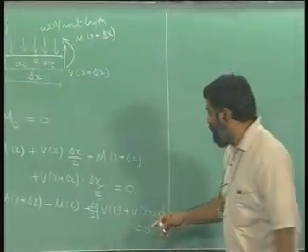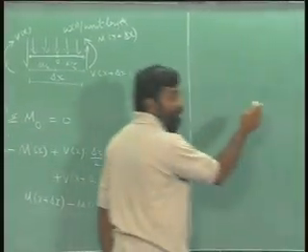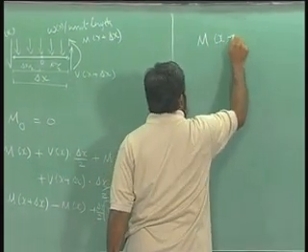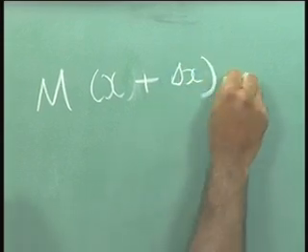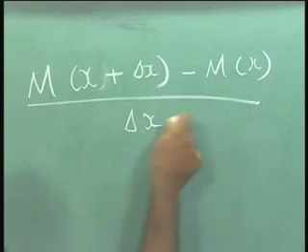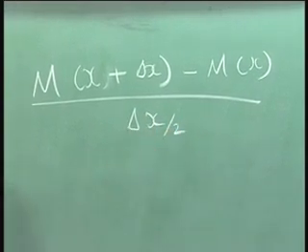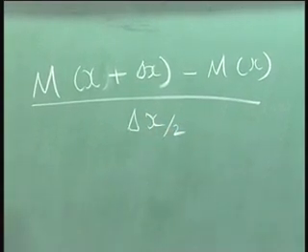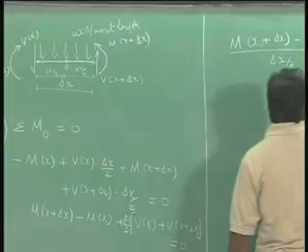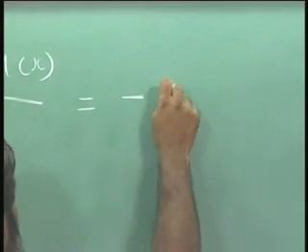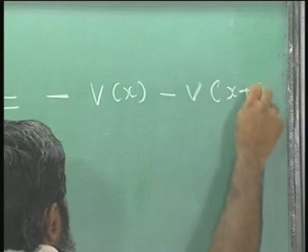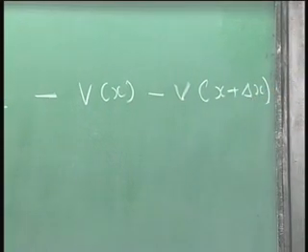Dividing throughout by delta x, we will have M of x plus delta x minus M of x by delta x by 2. I am going to divide by delta x by 2 is equal to, I am going to take the other to the right hand side, minus V of x minus V of x plus delta x. Okay.